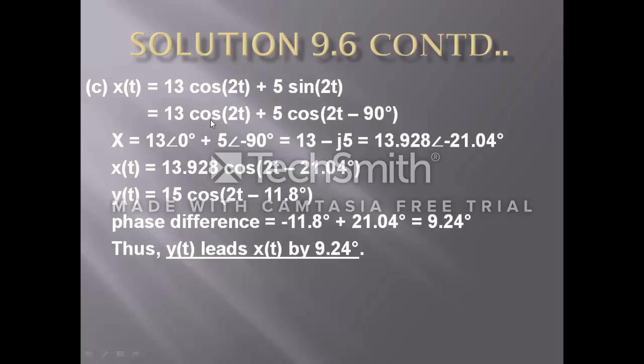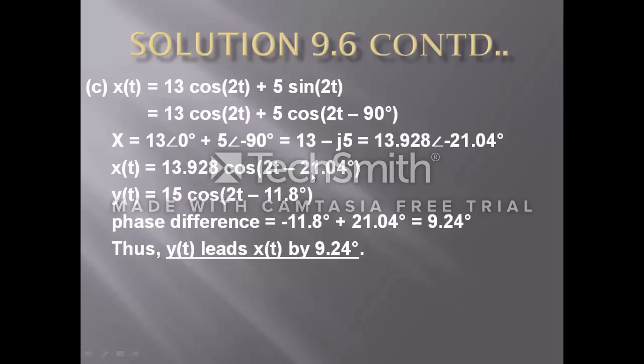After that, we convert this into polar form, which gives x equal to 13 angle 0 plus 5 angle minus 90, which is equal to 13 minus 5j. Here we have converted the polar form into the rectangular form, and then we converted the rectangular into the polar form. So now we have x(t) equal to 13.928 cos 2t minus 21.04 degrees, and y(t) as 15 cos 2t minus 11.8.